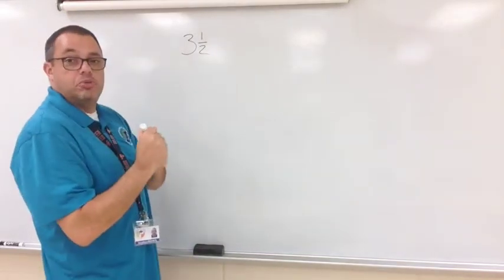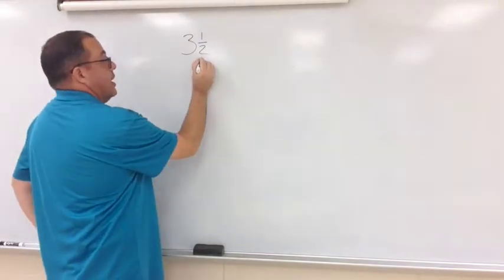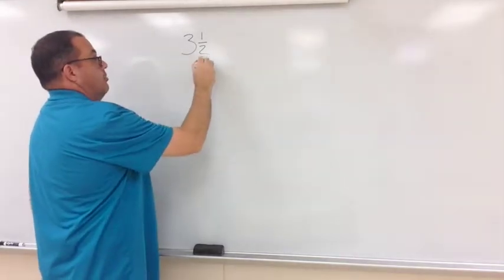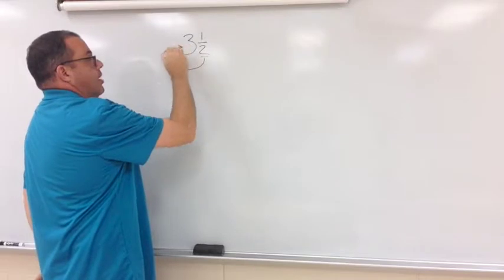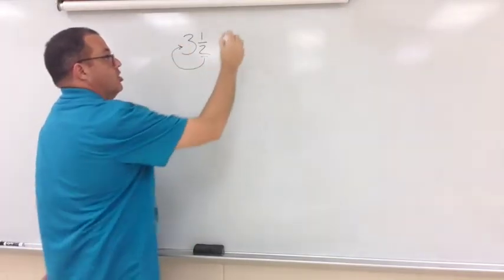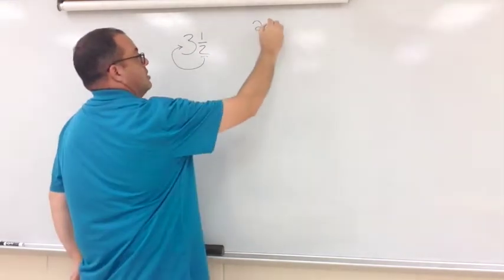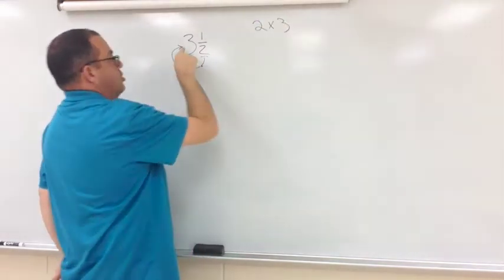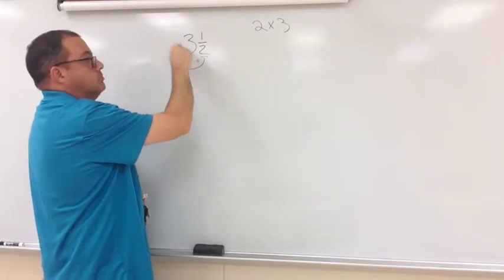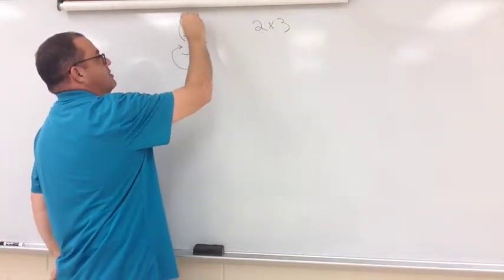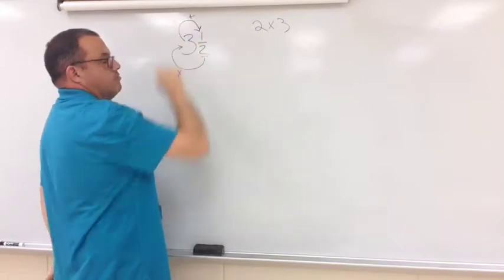Okay, so I have 3 1/2. What I'm going to do is take my denominator, which was 2, multiply it by my whole number. So I've got 2 as my denominator times 3, which is my whole number, and then I'm going to add my numerator to this.